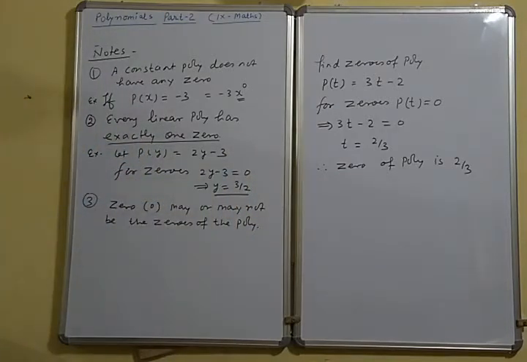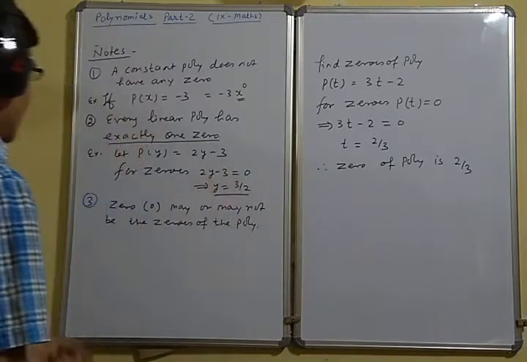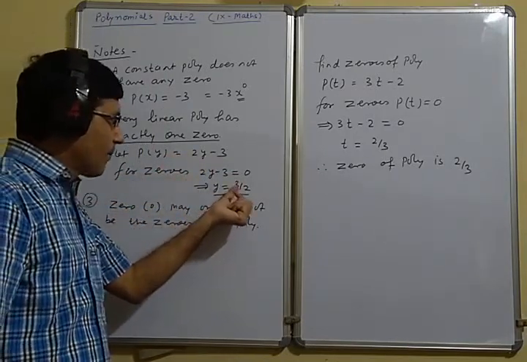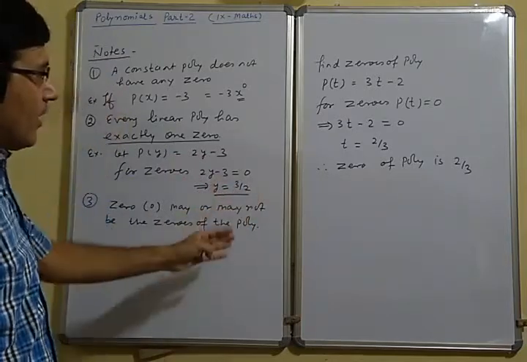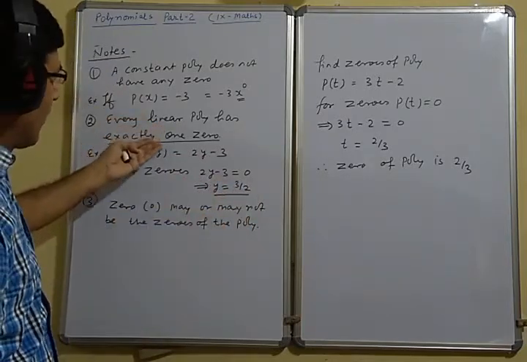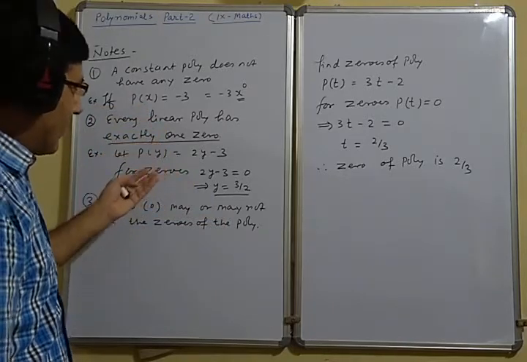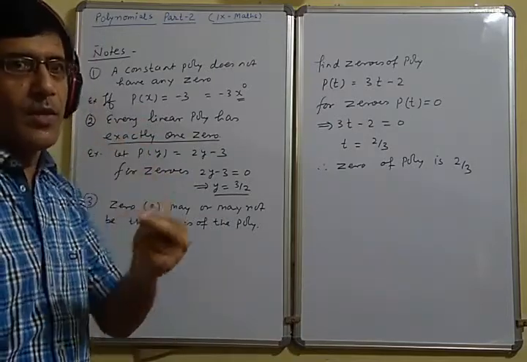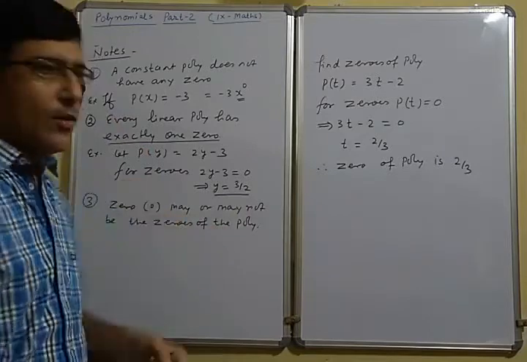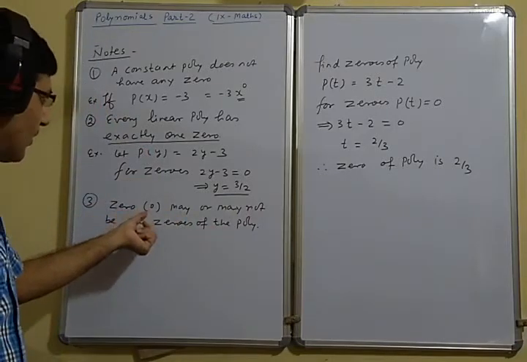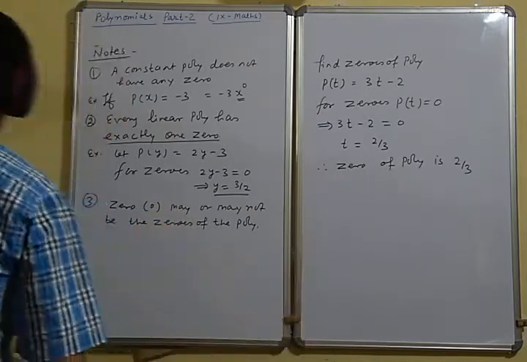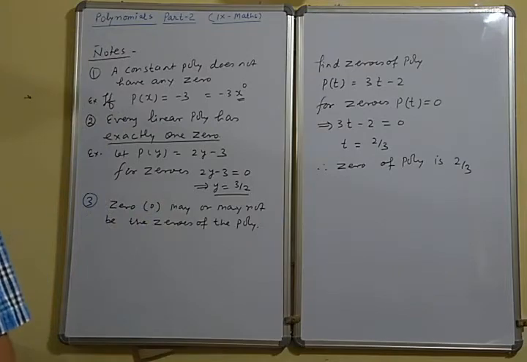For this example, it is a linear polynomial and the zero is 3 by 2, only 1 0. In the quadratic polynomial x square minus 5x plus 6, we get 2 zeros, but these zeros are 2 and 3. So sometimes 0 may be a zero of the polynomial, or it may not be.